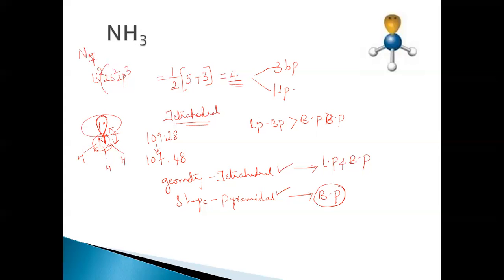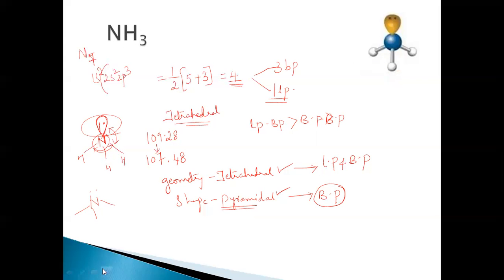How does it look when we ignore the lone pairs? It is just pyramidal in shape. So when there is one lone pair present, the geometry is tetrahedral and the shape is pyramidal. So this is what happens in ammonia.